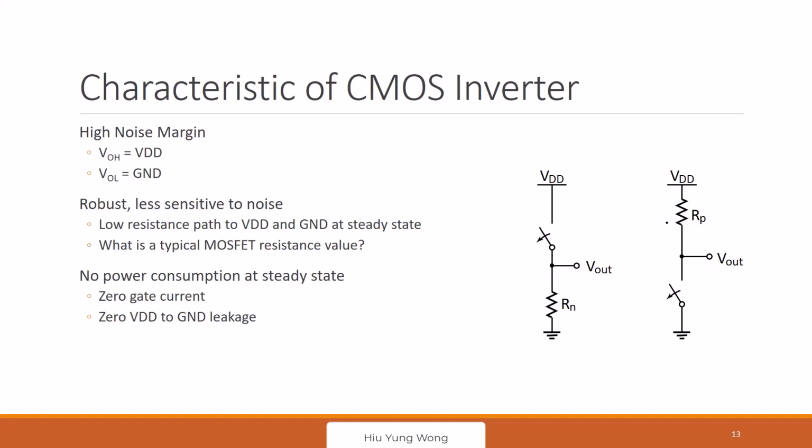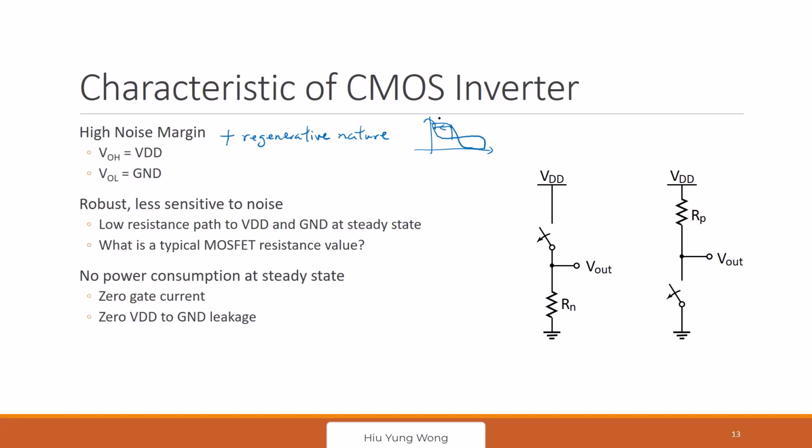Besides the regenerative nature, actually I should also add that. We talked about regenerative nature before, right? If you have noise in the VTC, it will just go up, down, up, right?